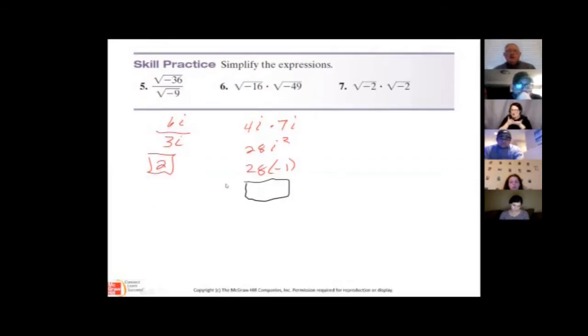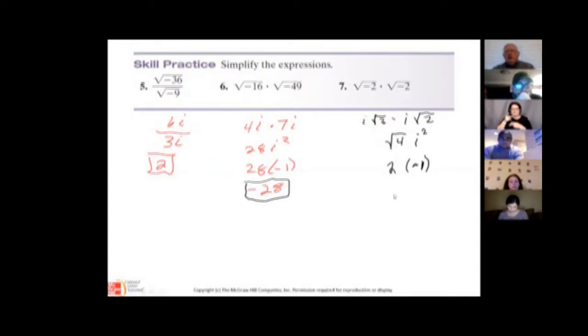And then the final answer is -28. We can extract the i in both locations, multiply the square root of 2 times square root of 2. You could have this as square root of 2 quantity squared. And then the i's give you i squared. Replace the i squared with a -1, extract that 4, and you get -2.